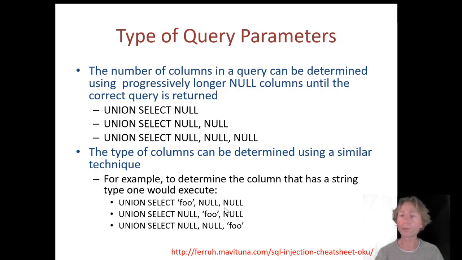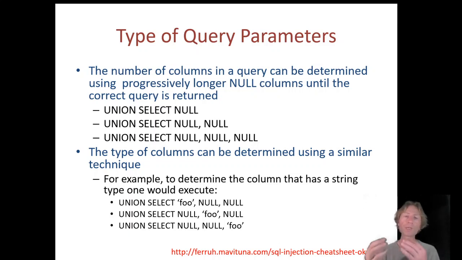So the other columns are sort of the wildcards that will match, but this will only match if the type that you're doing the union with is also of type string. Okay, and then you do this for the next column and the next column until you know all of the columns that are of type string. And you can do that for other types also.